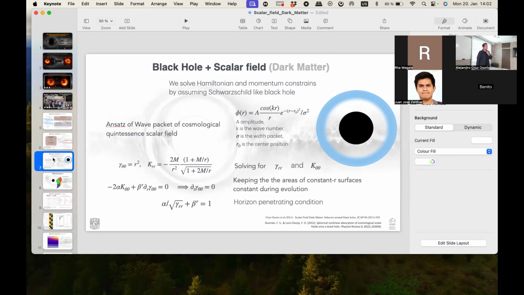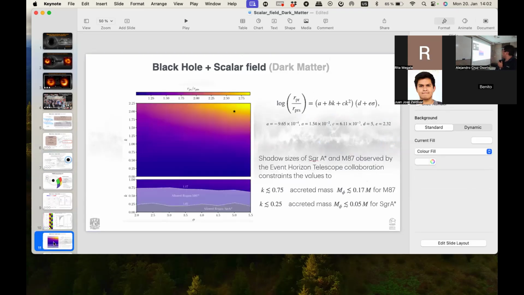Given the observations, and given the possible dark matter field models, could we use simulations to try to constrain which of them are not viable and which are?